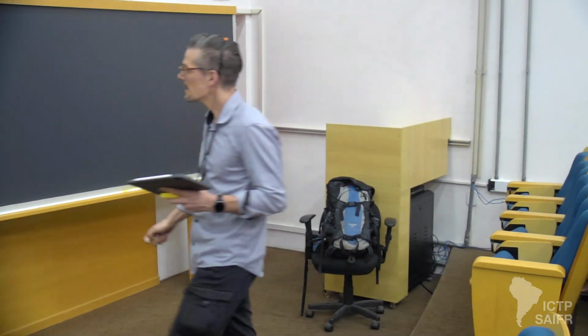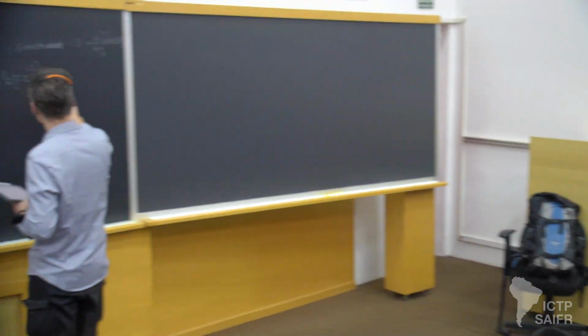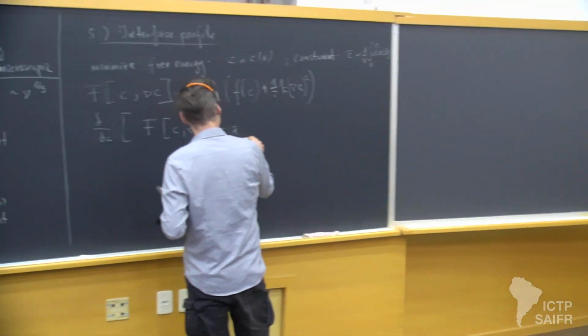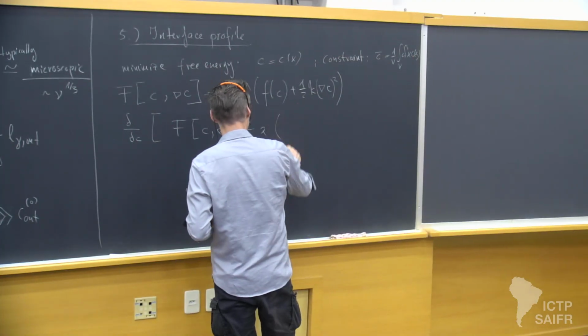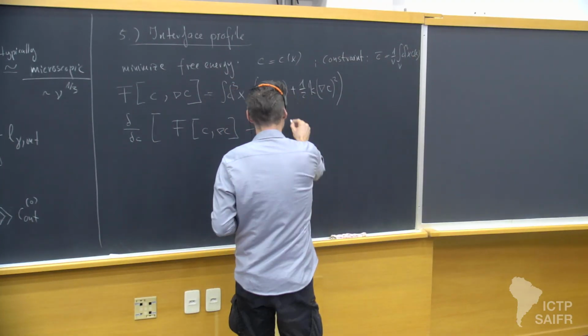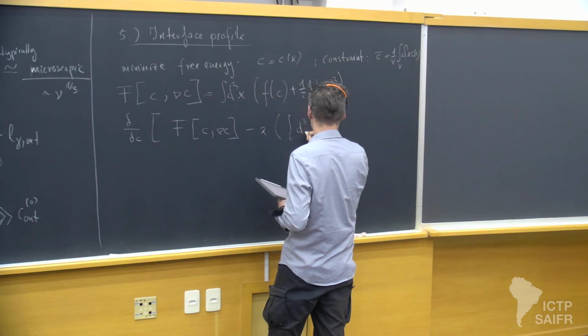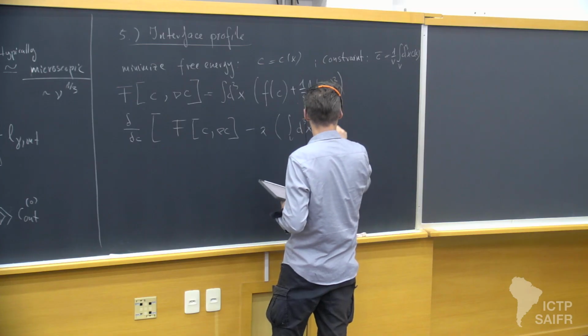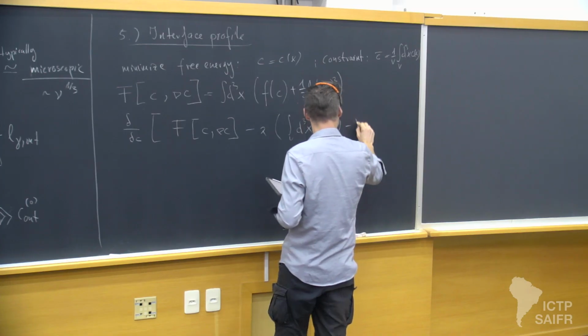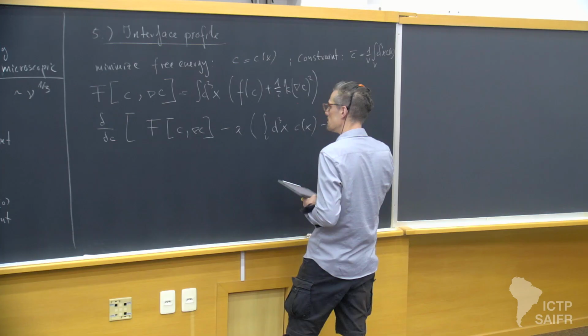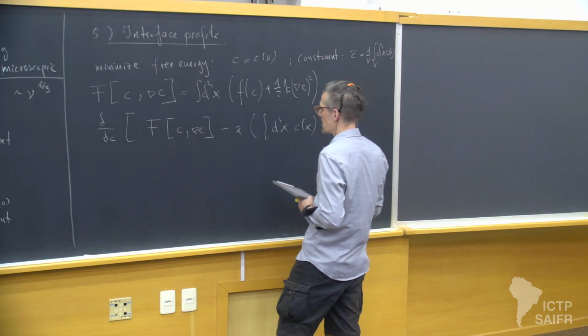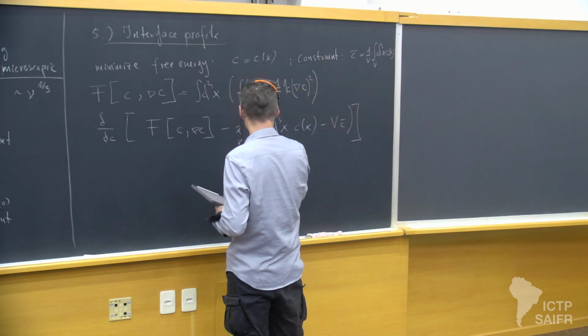Exactly. You introduce a Lagrange multiplier for this constraint. So we can write it, where lambda is the Lagrange multiplier.